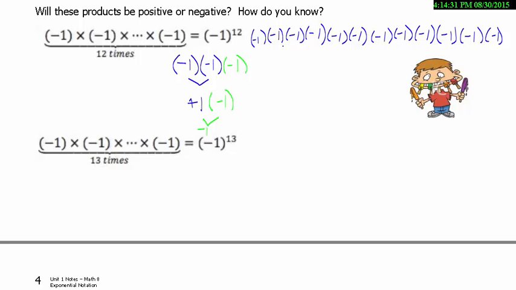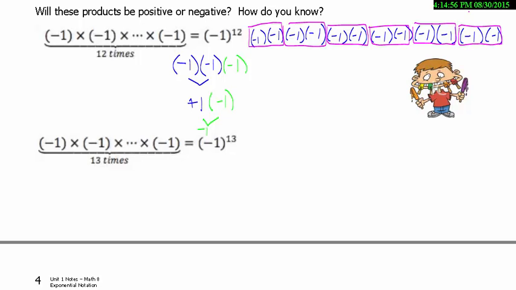We know that each pair of these negative 1s will multiply to give us positive 1, because a negative times a negative is a positive. And so if I were to box in each pair of partners, there's a positive 1, there's a positive 1, another positive 1 here, another positive 1 here, here's another positive 1, and here's another positive 1.